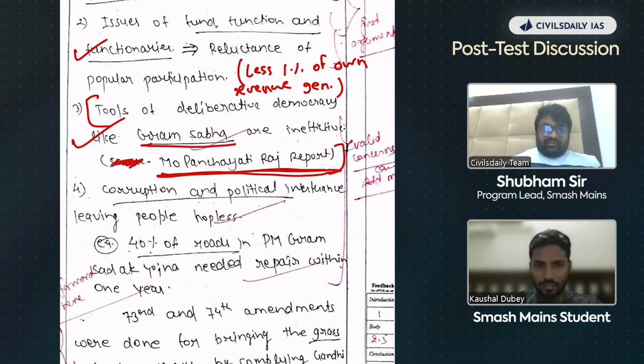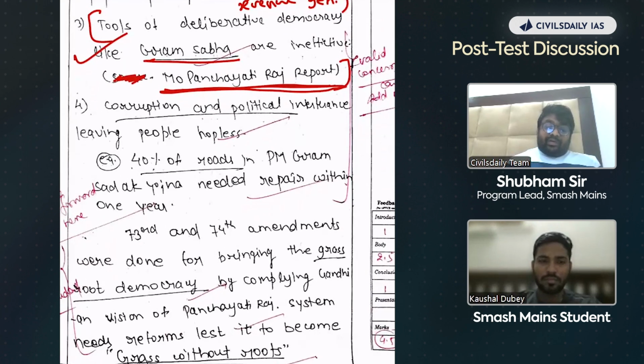That's it. Okay. Corruption and political profits. This is again a good point. Yeah, again here also now this point is a perfect point. Okay, this is a complete point, but the length of the point is five lines.